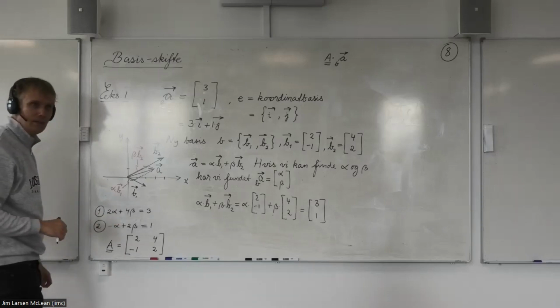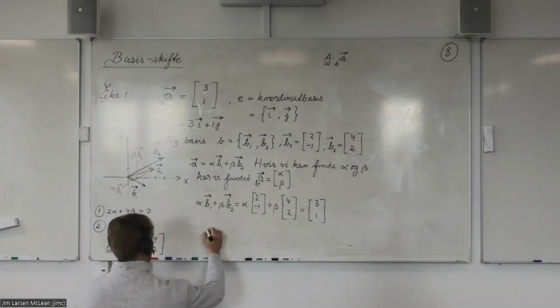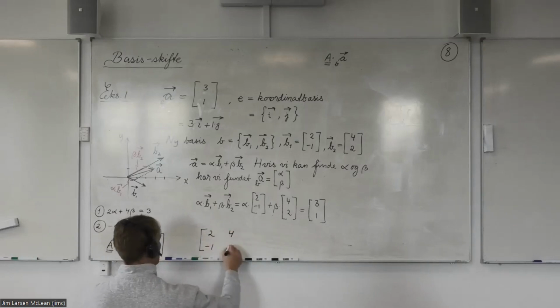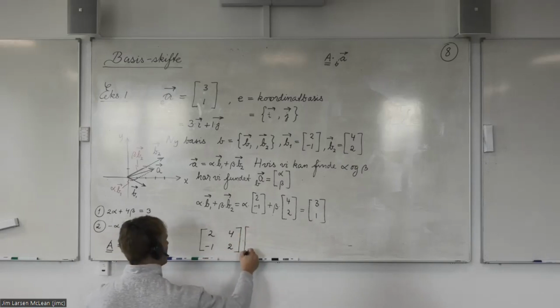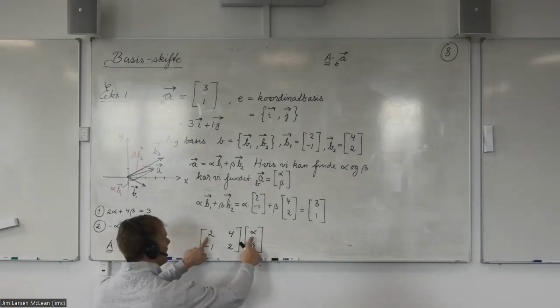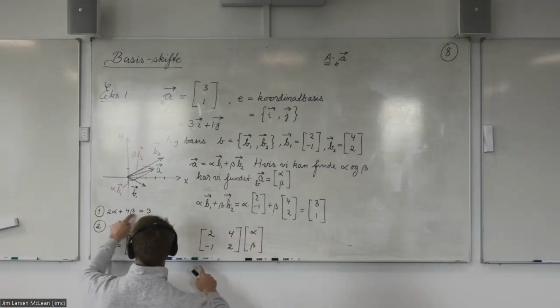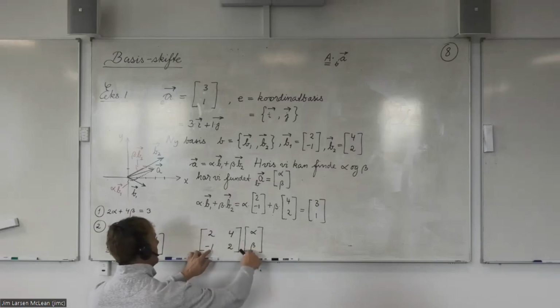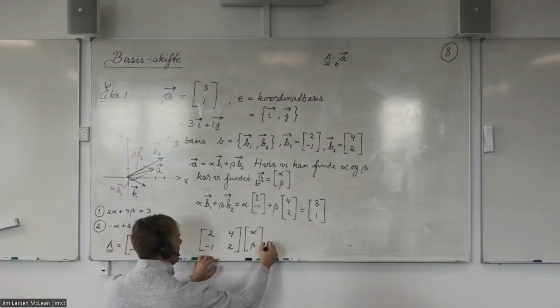Let me show you. If I write it like this, 2, 4, minus 1, 2, that's my matrix here. If I multiply it with this vector alpha over beta, what do I get? That times that plus that times that. It's 2 alpha plus 4 beta. That's what was written here. And if I take that row and that column, I get this times this plus this times this, so it's minus alpha plus 2 beta. And what comes out of it should be (3, 1).